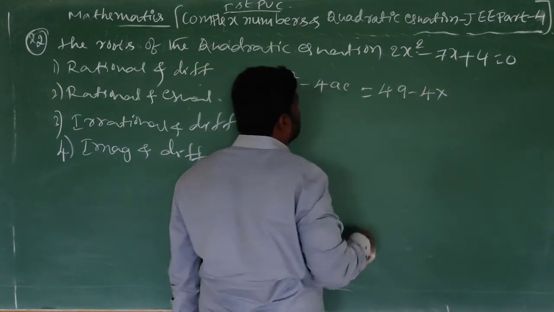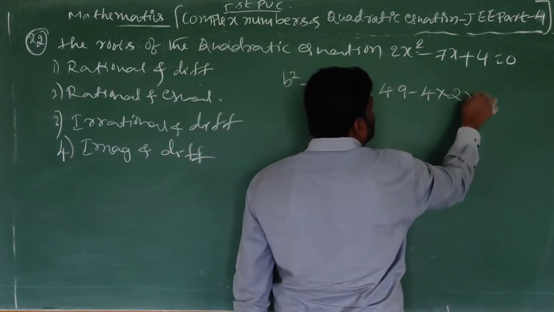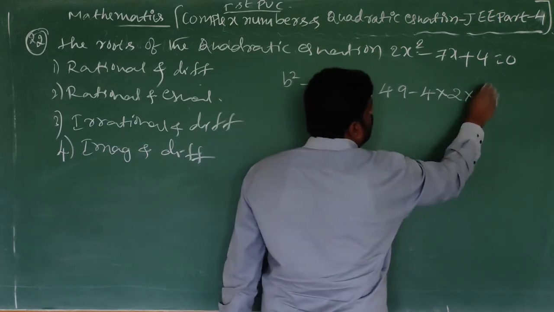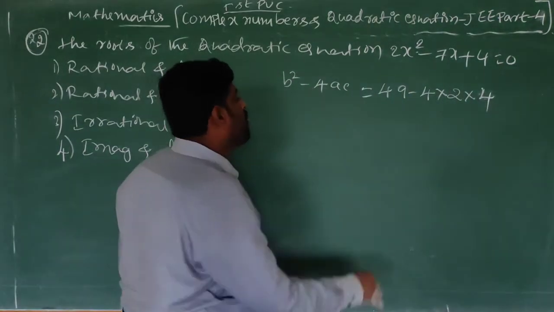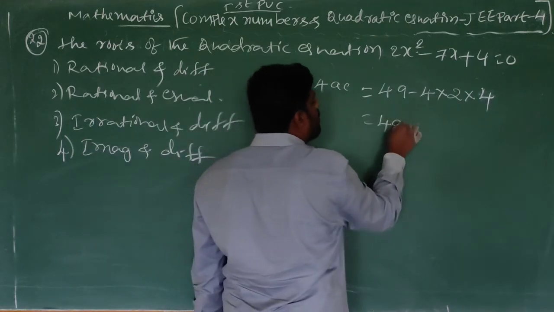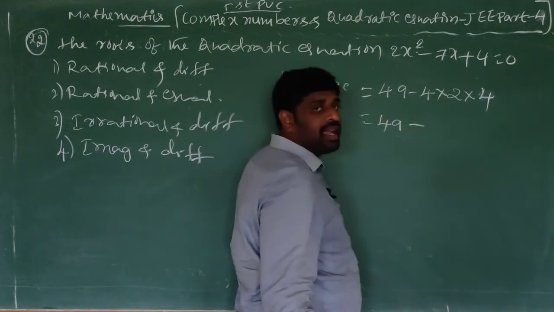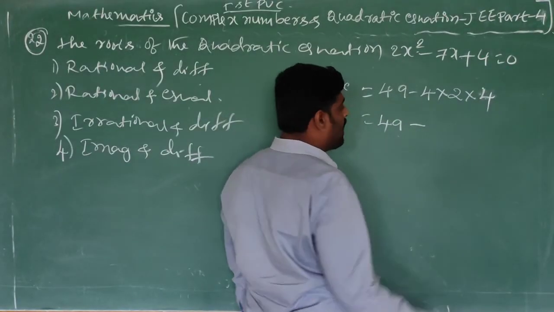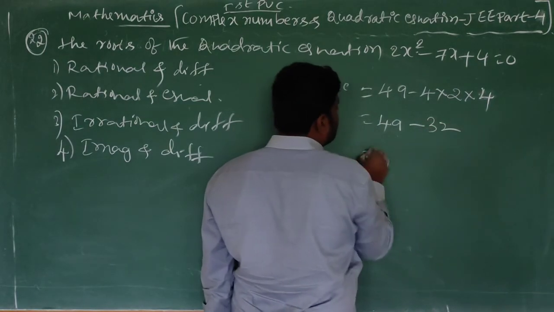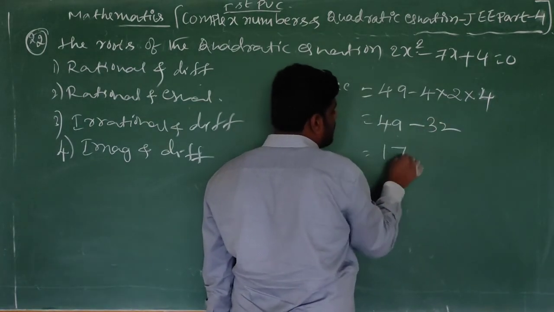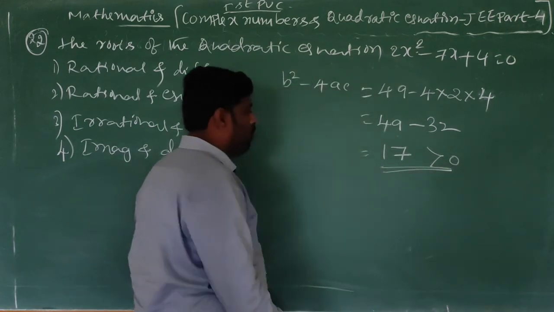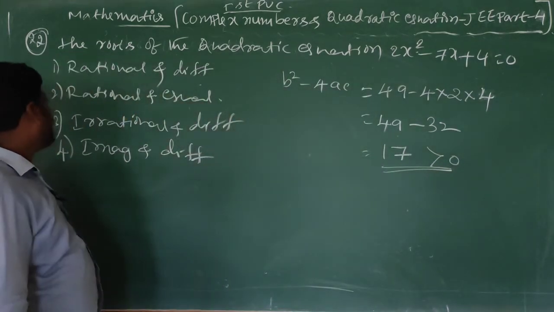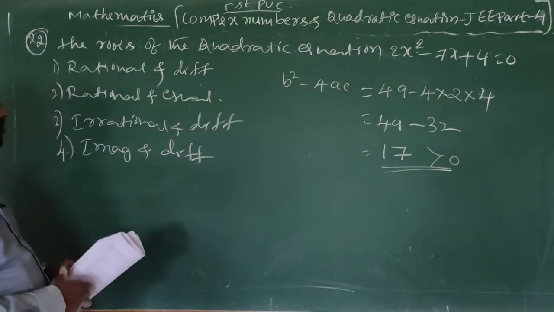Minus 4 into a value 2, c value 4. 4 2s are 8, 8 4s are 32. So 49 minus 32 is 17. 17 is what? Greater than 0. The roots are real and different.